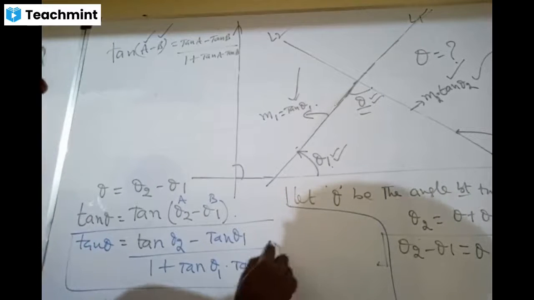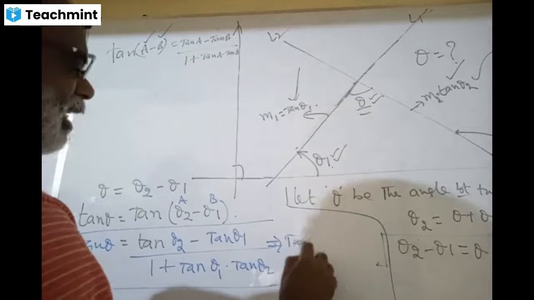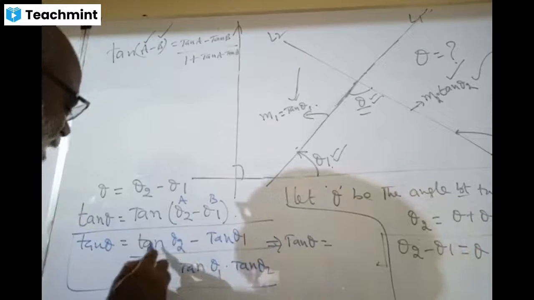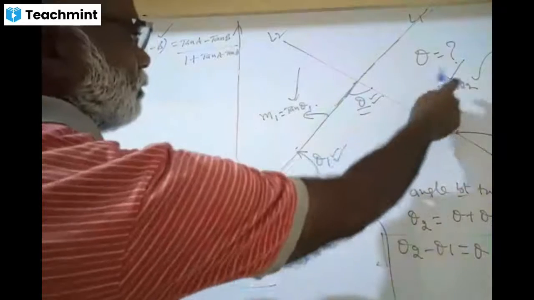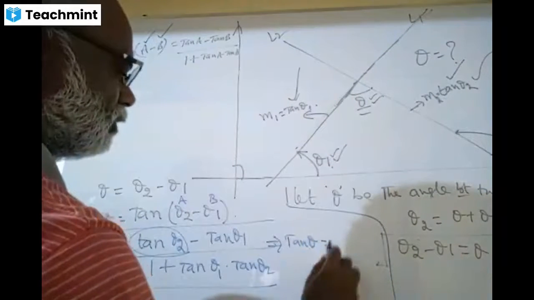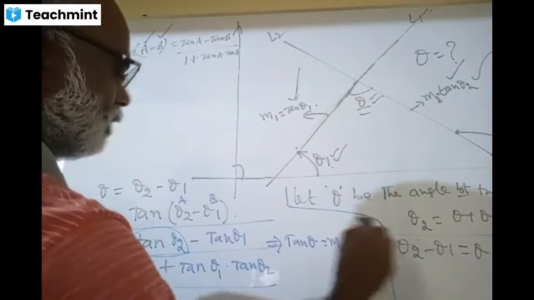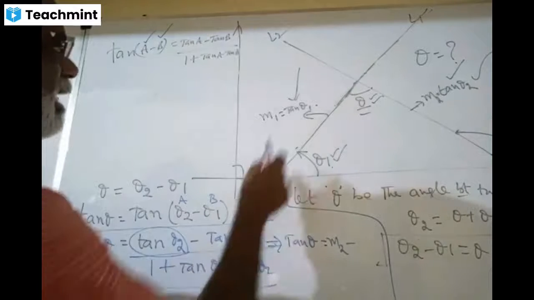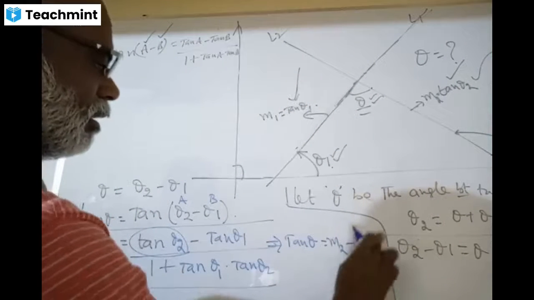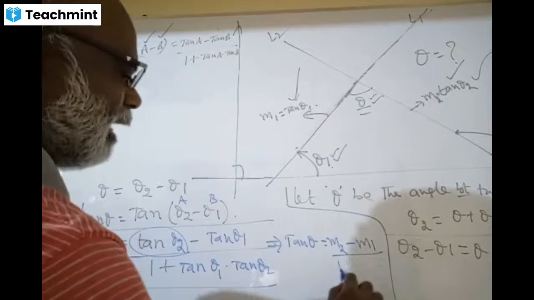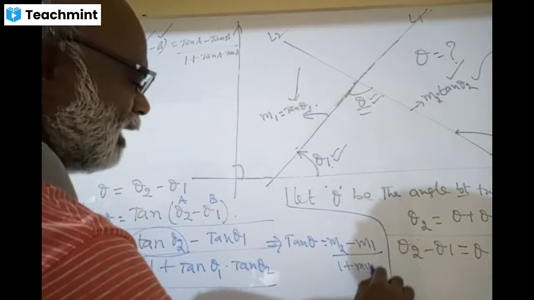Which further implies tan theta equals tan θ2 minus tan θ1, whole divided by 1 plus m1 m2.